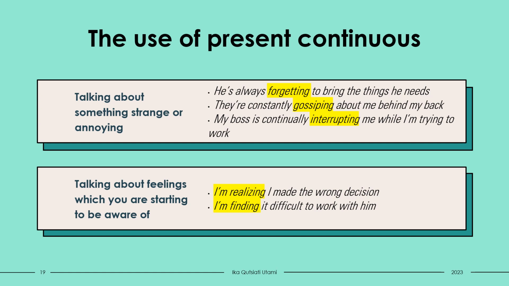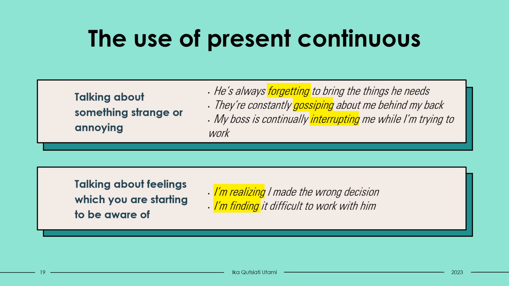For example, he's always forgetting to bring the things he needs. They are constantly gossiping about me behind my back. Or another example, my boss is continually interrupting me while I'm trying to work.